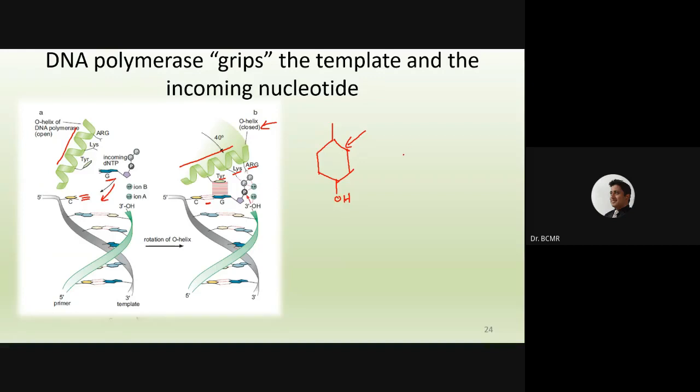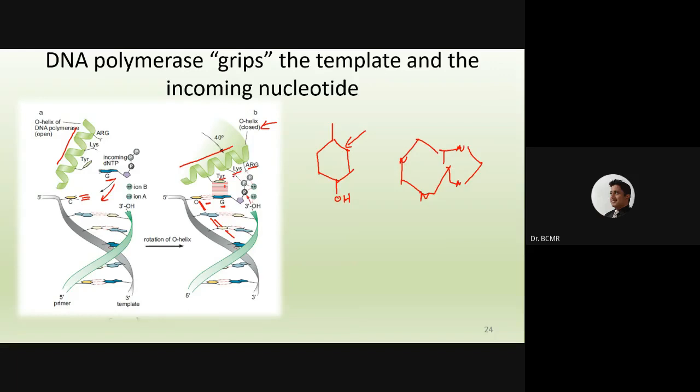And you also remember that the bases also have their own ring structures, right? So there are planes. I hope you remember what base stacking is. Base stacking is the interaction between these planes of the rings that are present like ladders. The same way, the ring structure of the tyrosine can also interact with the incoming nucleotide.